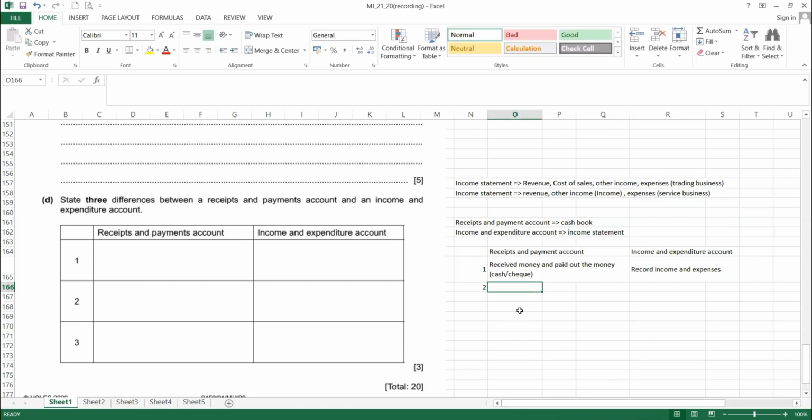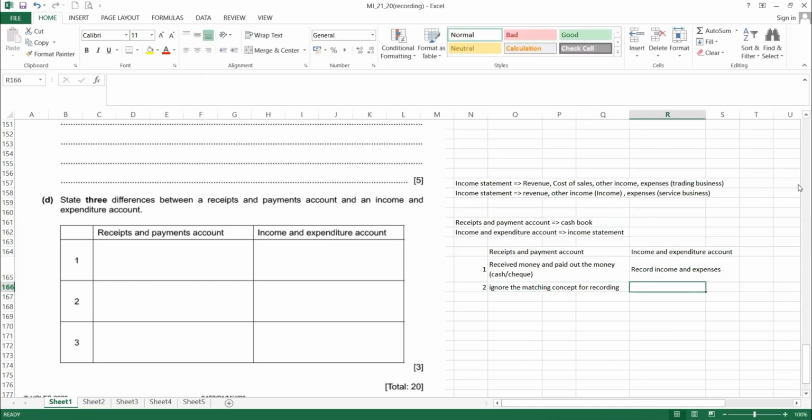Second difference: when it comes to the receipt and payment account or cash book, we ignore the accounting adjustments. We take whatever actual money we receive, so we can say we ignore the matching concept for recording.